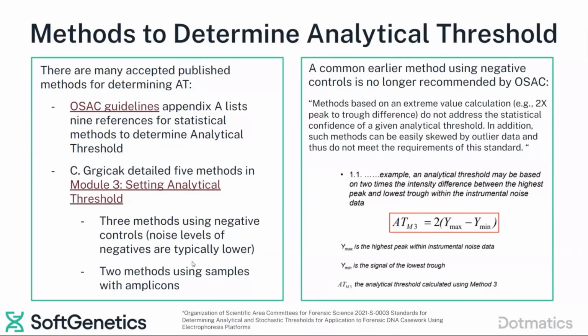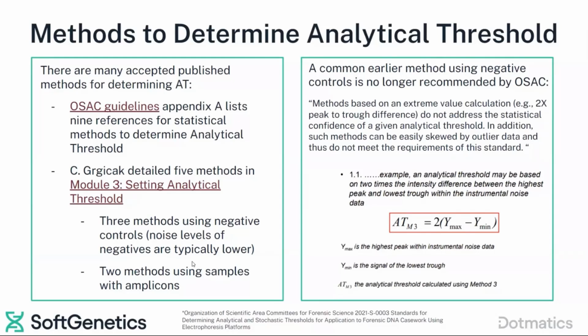2 of the methods use samples with amplicons, and she makes excellent points during this presentation that consideration should be given to what type of data will be analyzed, and recognizing that if there's more DNA in a sample, then the baseline can also be higher. One of the other things that labs will often do is change the injection time, and that will impact the analytical threshold as well.